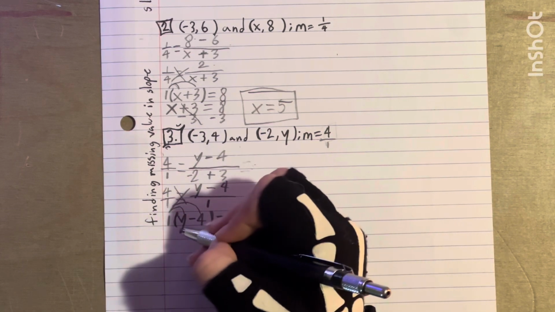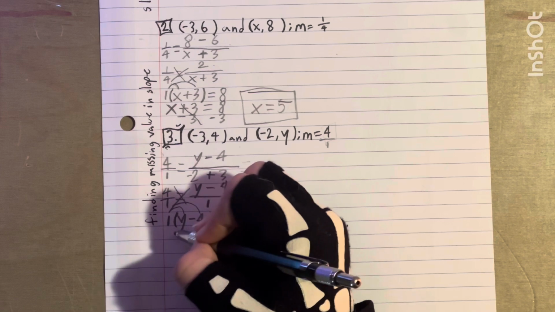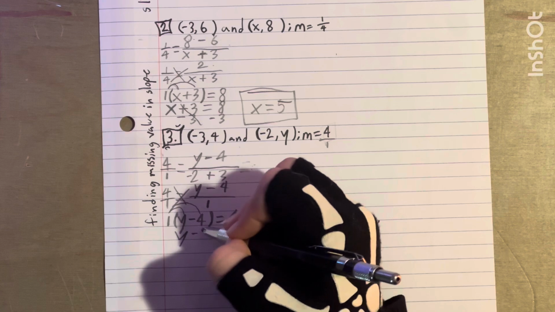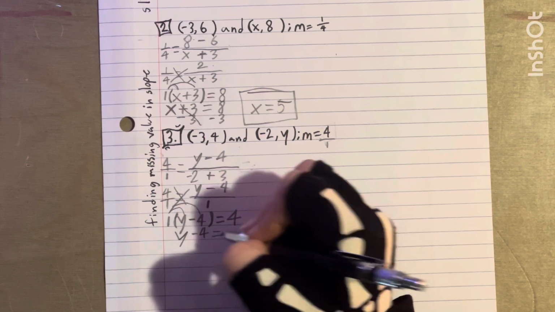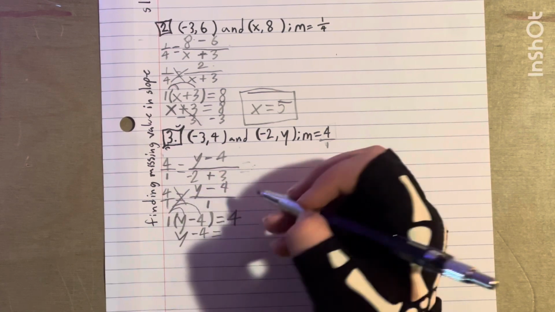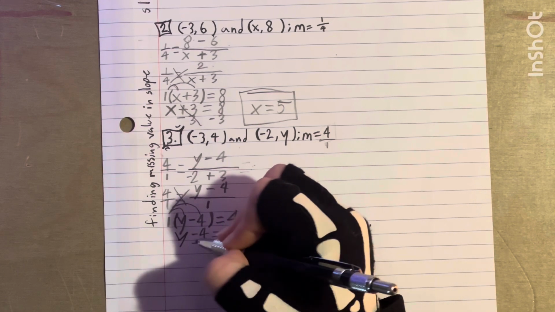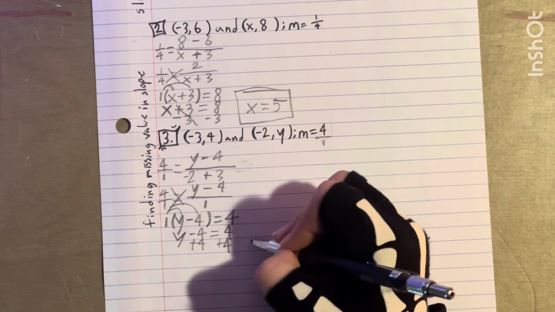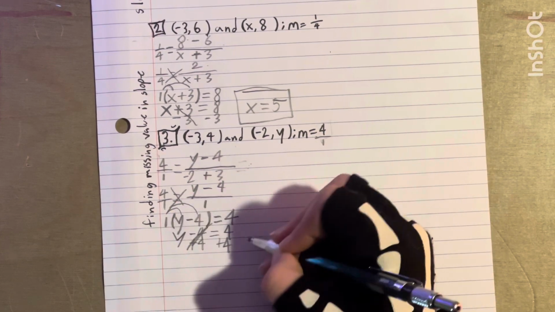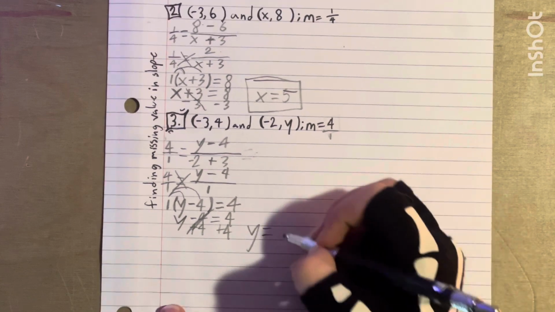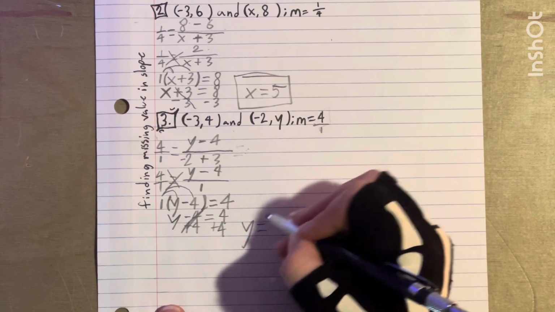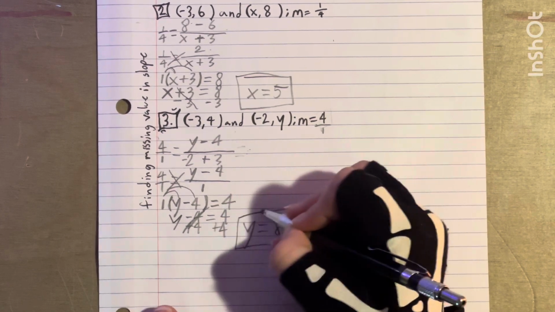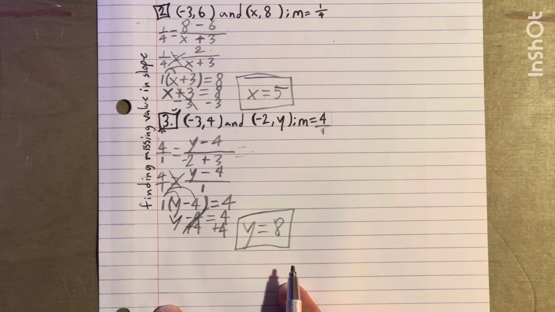Then 1 times y is still y, minus 1 times negative 4, which is negative 4. And the 4 over here stays the same. Add 4 to both sides. You get y equals 8. That is how you get your answers.